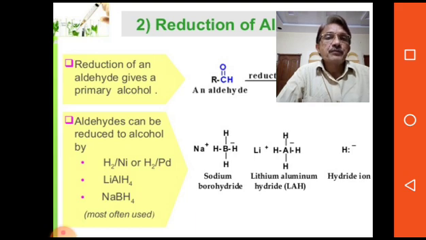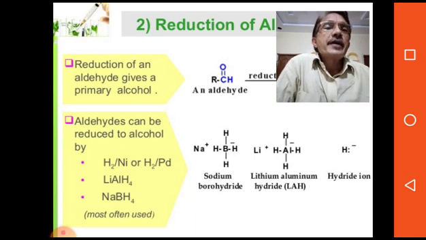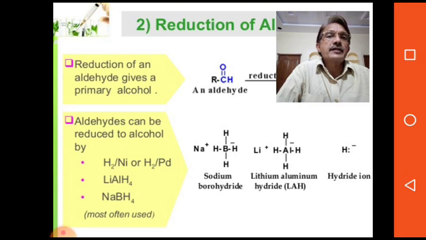Otherwise, lithium aluminium hydride, LiAlH4, may also be used as a reducing agent. NaBH4, sodium borohydride, may also be used as a reducing agent. Anyhow, reduction of an aldehyde gives a primary alcohol.